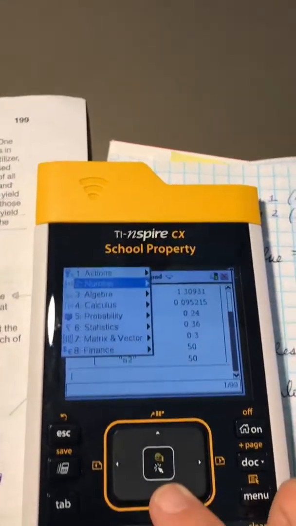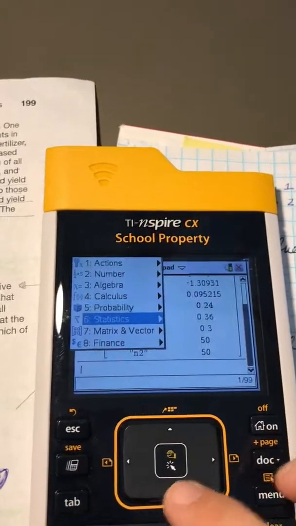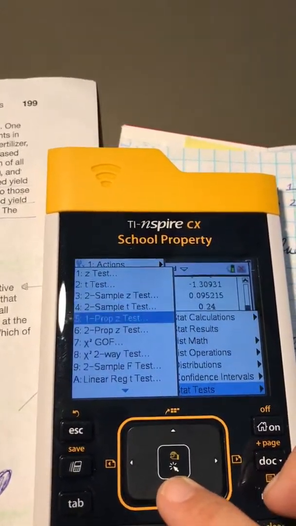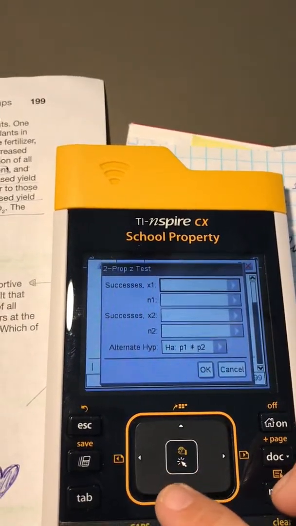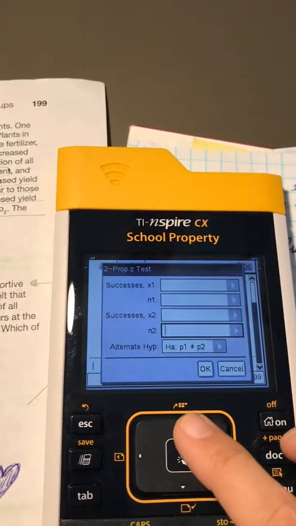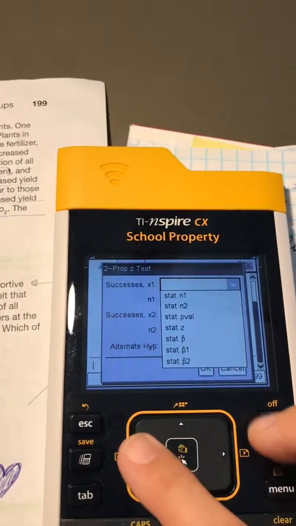I've got to show you this on a calculator. So here we go. If I go to statistics, stat test, and I still am doing a 2 proportions z-test. They didn't even give me a choice.